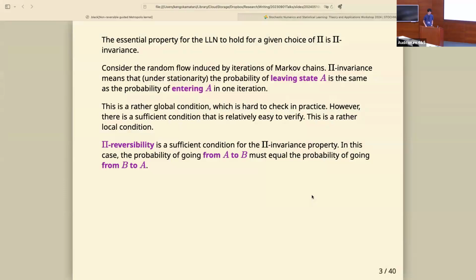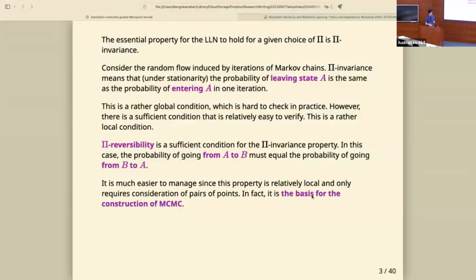Reversibility means as follows: for any subsets A and B, the probability of going from A to B is the same as that from B to A. Under this condition we have π-invariance, but π-reversibility is much easier to control and manage, because essentially this is a condition between two states.